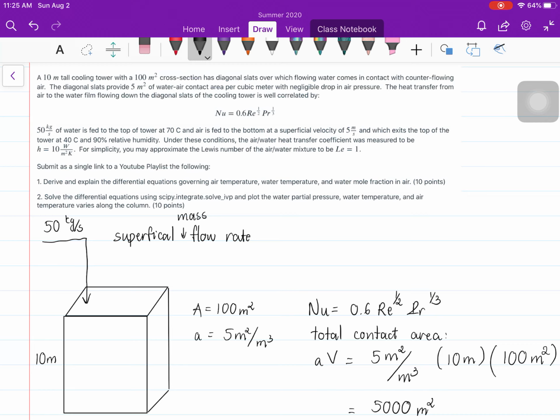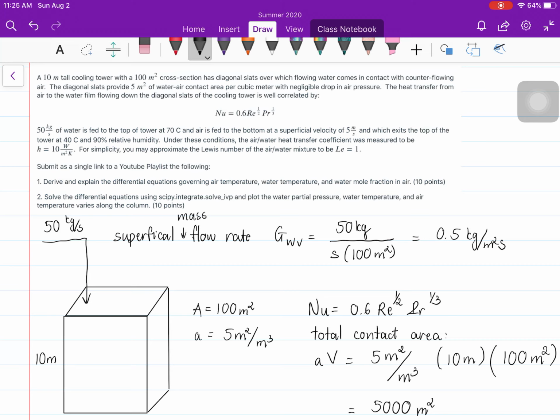Mass flow rate G of water equal to 50 kilograms per second divided by the area, which is 100 meters squared, equal to 0.5 kilograms per meter squared second.